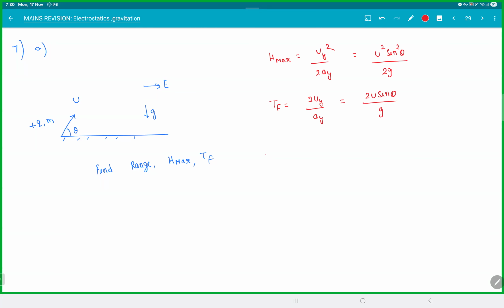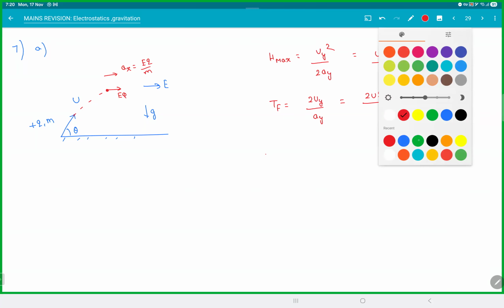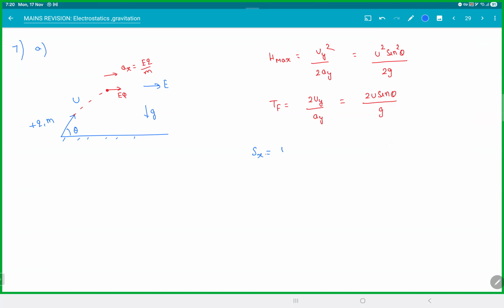Range gets affected. As this particle is flying, it will experience a force EQ. So it will have a horizontal acceleration, which is EQ by m. Then your formula will be Sx is equal to uxt plus half ax t square, the second equation of kinematics. Generally ax used to become 0, so you used to ignore that term. You can't do that anymore.